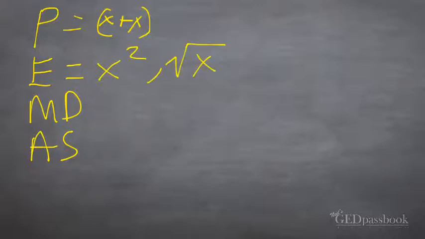Please Excuse My Dear Aunt Sally. Do we know what the P stands for? Parentheses. It means do whatever's inside first. Then we do our exponents, which are our powers and roots.